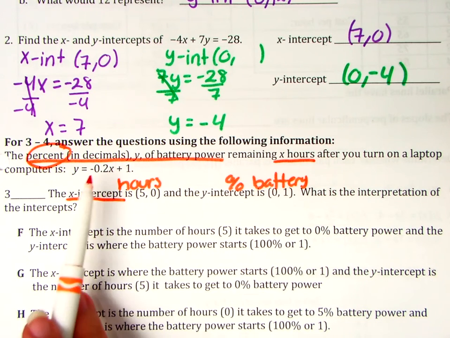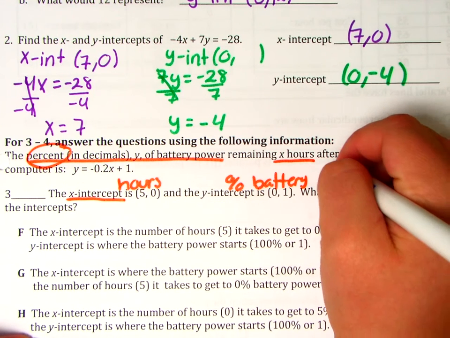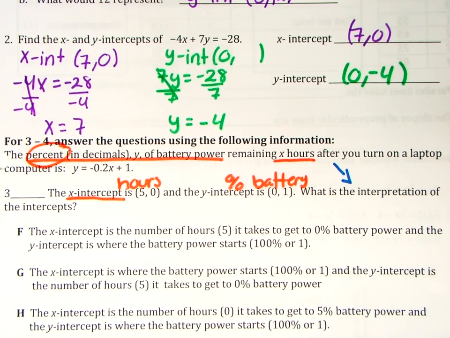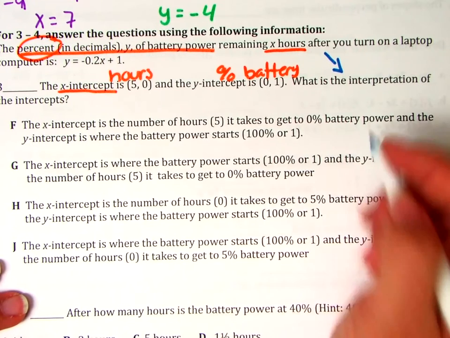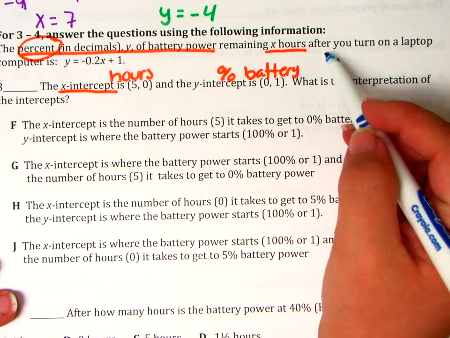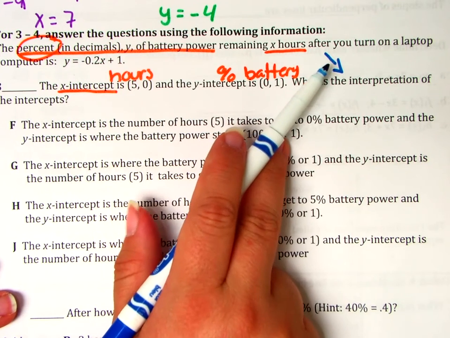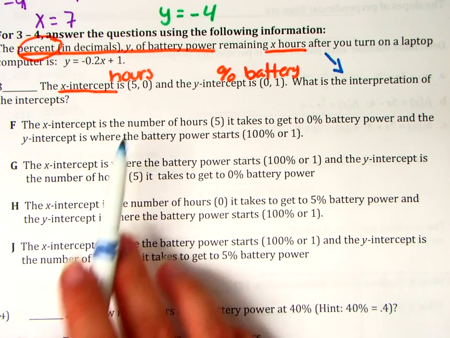So if we were to sketch this graph out loosely, we know that our slope is negative, meaning we're going to have a graph going down, like I drew in blue. And I'll move this up for everyone in the back. So it's going down. We know we're going to start with a fully charged battery up top, and then as time goes on, it's going to go away, and soon the laptop's going to die. So which one talks about that?